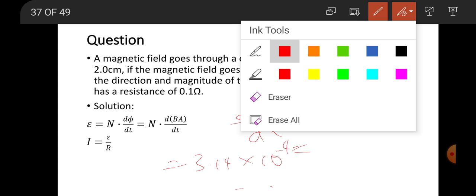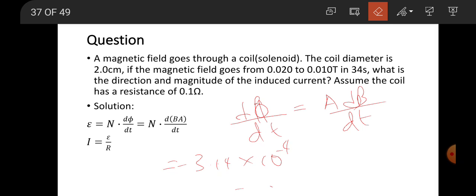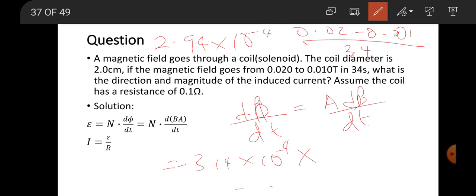Now multiplied by the rate of change of B, which is dB over dt, actually 0.02 minus 0.01. That means the change, final minus initial, divided by the time, which is 34. So 0.01 divided by 34 gives us 2.94 times 10 to the power minus 4.